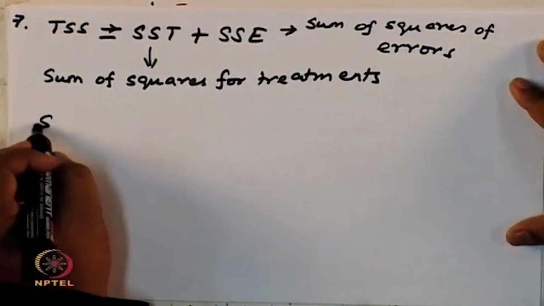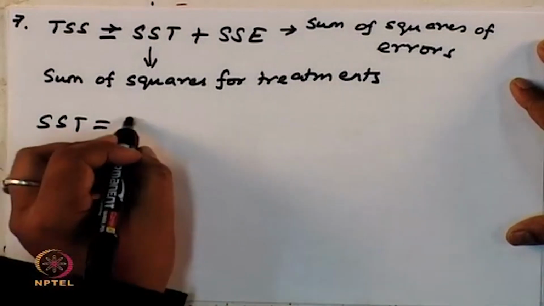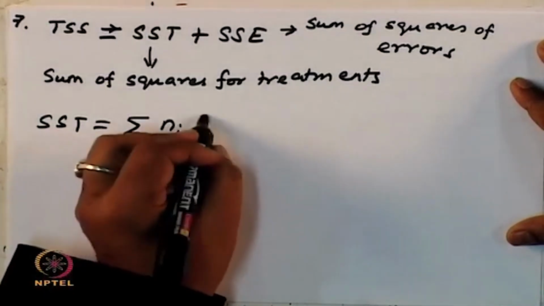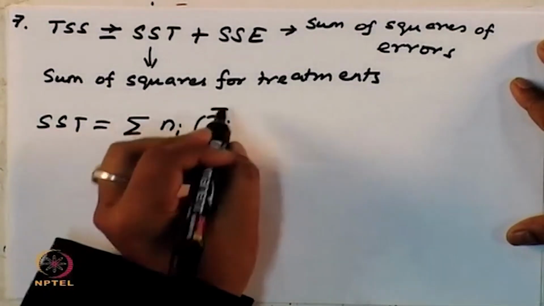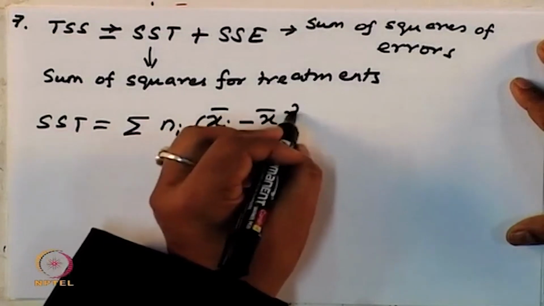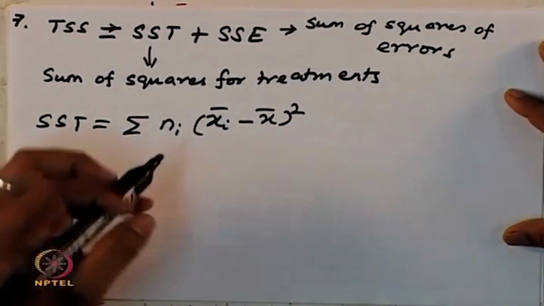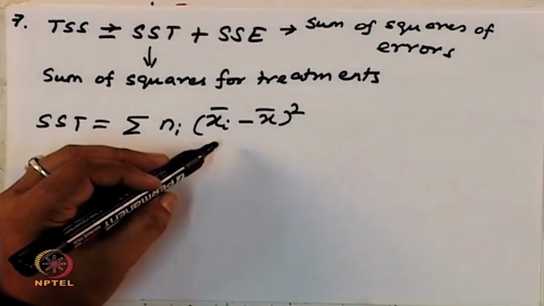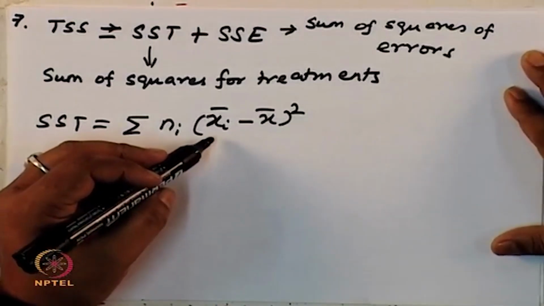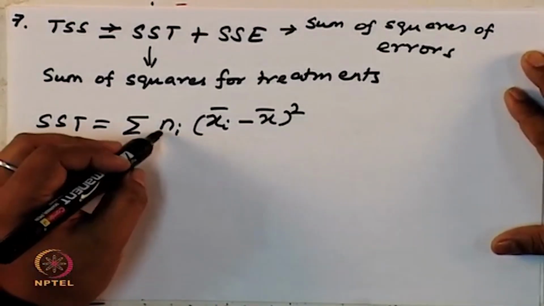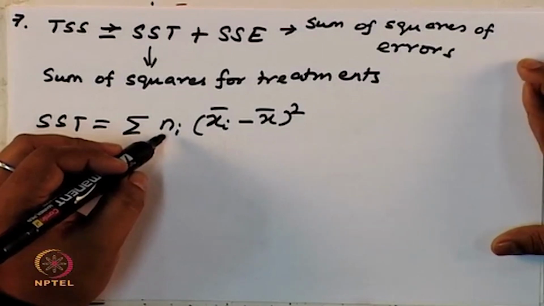So, you define SST as the summation of n_i times (x_i bar minus x bar) whole square, where x_i bar is the sample average for the ith sample and n_i is the sample size of the ith sample.